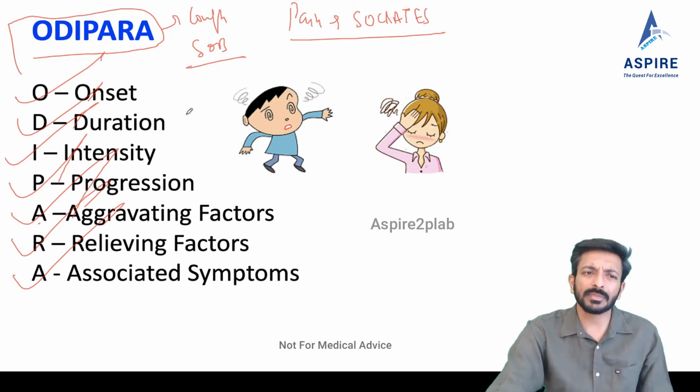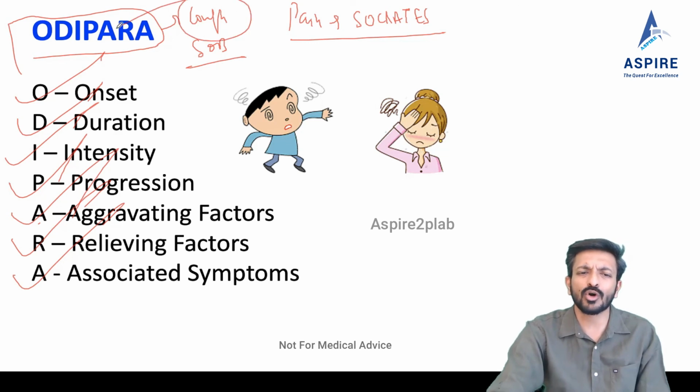Why is this different? Because, for example, pain you can score on a scale of 1 to 10, but you cannot score cough, isn't it? So it's almost the same, but there are a few things which are different. So pain is SOCRATES, and cough and shortness of breath you do by the mnemonic ODIPARA: onset, duration, intensity, progression, aggravating and relieving factors, and associated symptoms, right? Thank you.